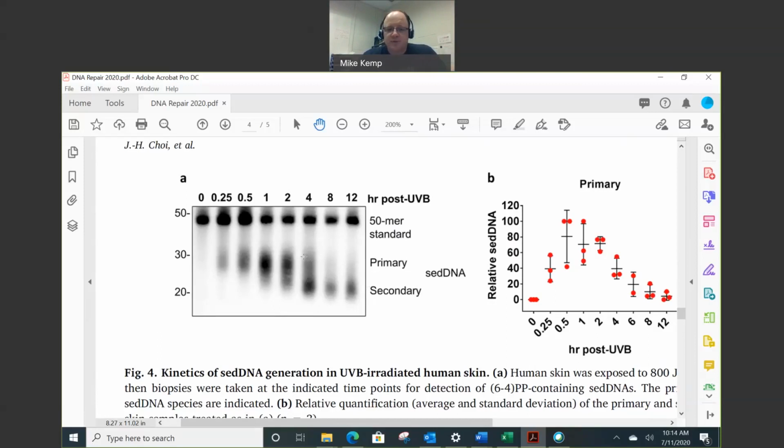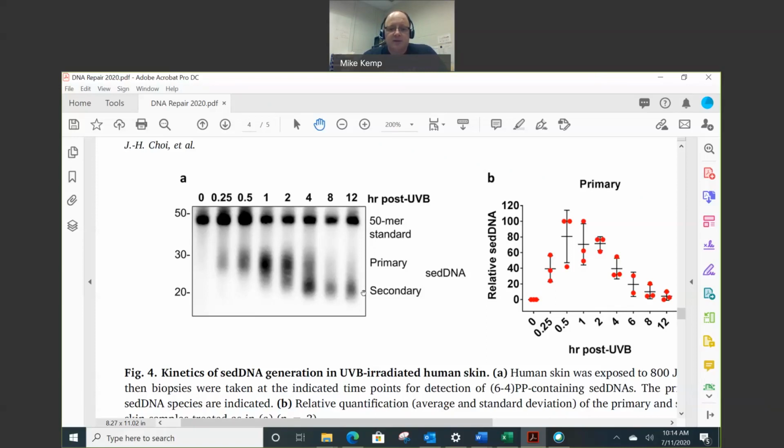Based on work that's been done in vitro, in cell-free systems, and also in cell culture, the primary products seem to be largely bound to the TFIIH enzyme, of which XPB is a component. TFIIH is involved in unwinding the DNA to allow the nucleases to come in and cut.